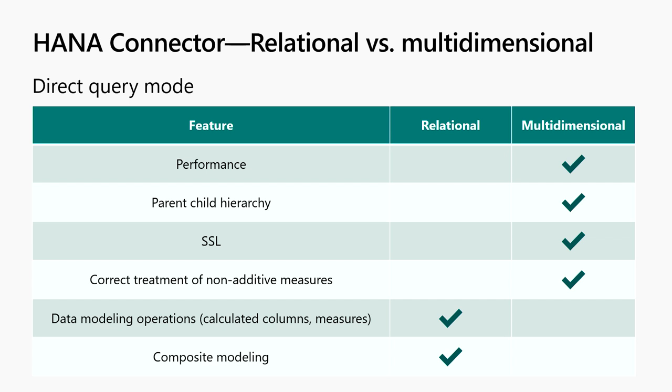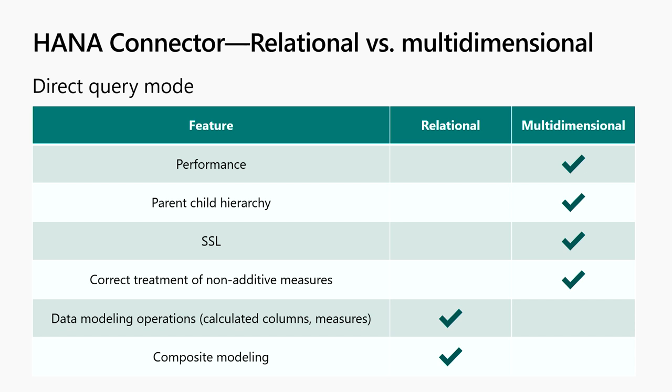Like Jorge mentioned, we have two versions of the connector, right? Relational versus multidimensional. Multidimensional is the newer mode in the connector. We believe it is one of the best performing connectors compared to any of the other third-party tools out there which connect to SAP HANA.